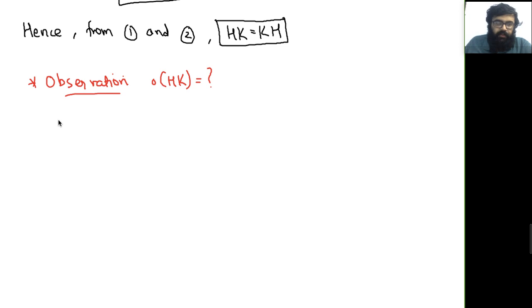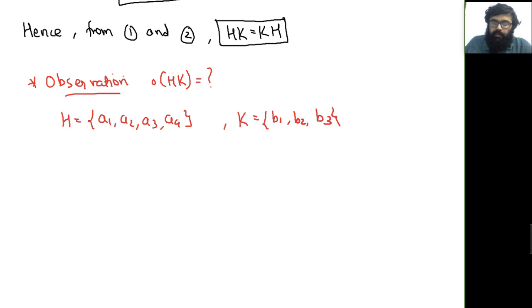Suppose H is a1, a2, a3, a4, so four elements are here, and let us take K equals b1, b2, b3. There are three elements. Then how many elements are there in HK?